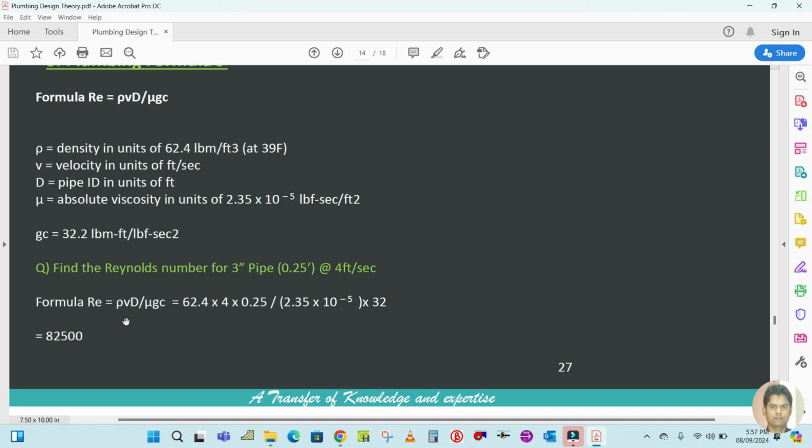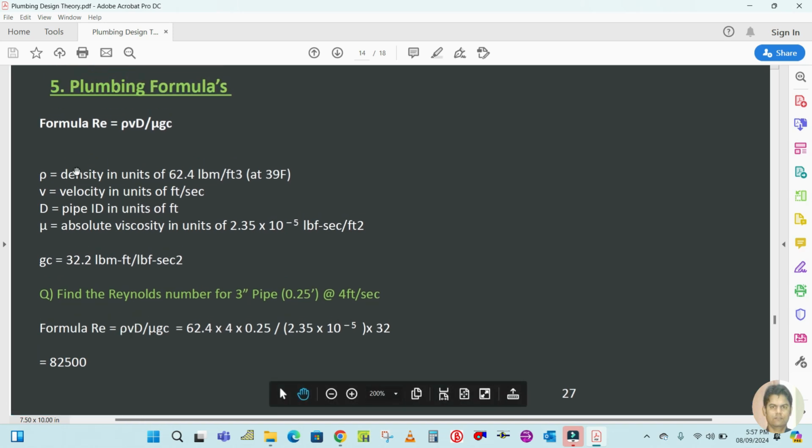What you require is rho V D. Rho is already given as 62.4, V is the velocity, 4 feet per second, and D is the pipe diameter, 3 inch, which in feet should be 0.25 feet.